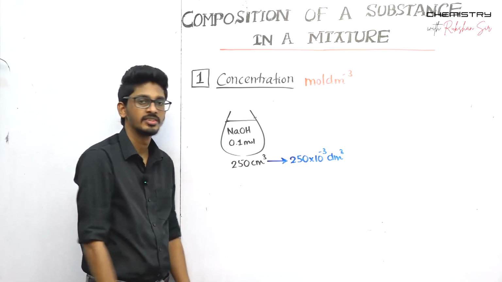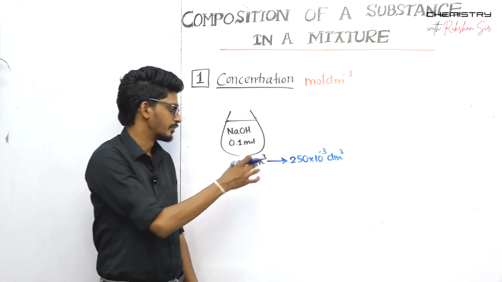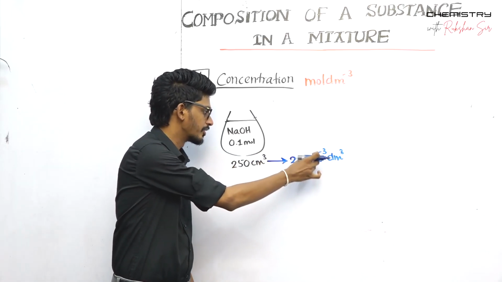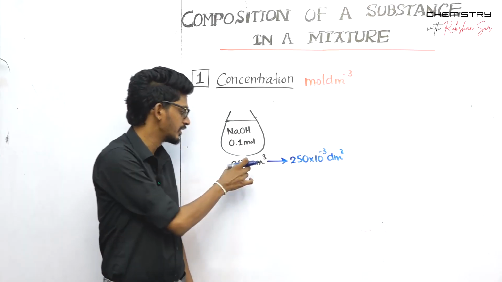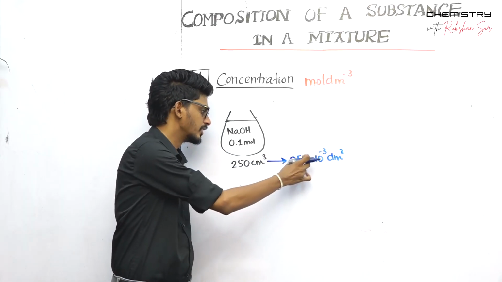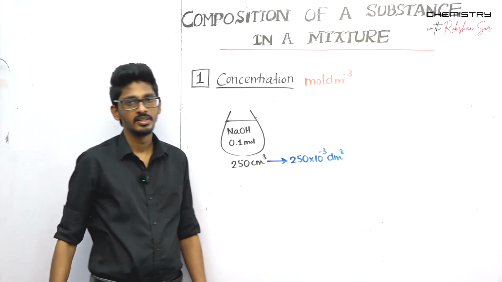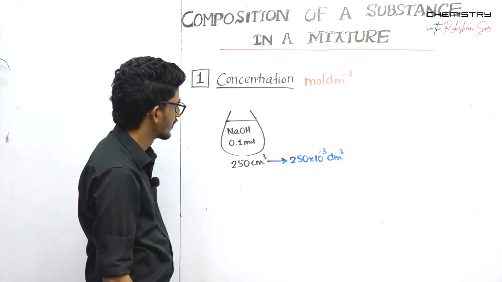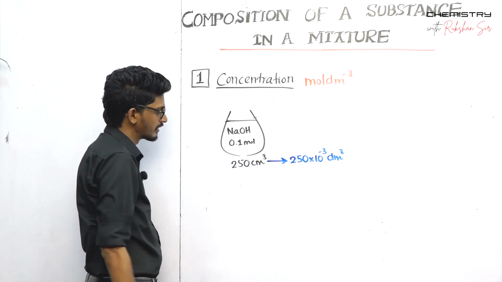You remember the unit conversion? X centimeter cubes means x into 10 to the power minus 3 decimeter cubes. So 250 centimeter cubes means 250 into 10 to the power minus 3 decimeter cubes. Now we can come up with the concentration of this NaOH.